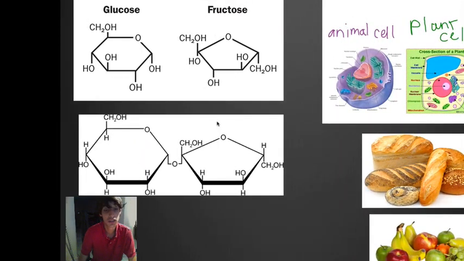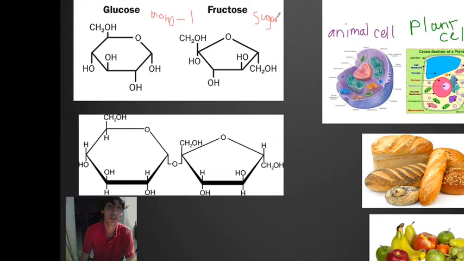Now, carbohydrates are the third macromolecule we'll be talking about. Carbohydrates have a monomer called a monosaccharide, which basically means mono is one, and saccharide means sugar. So it's one sugar.